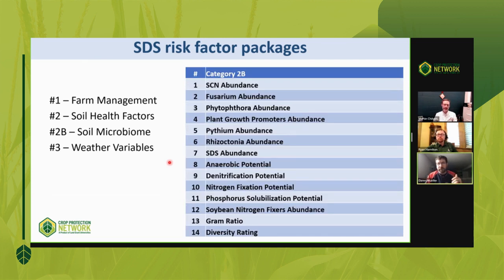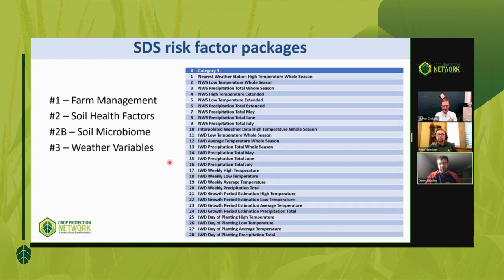If you're not familiar with Pattern Ag, it's a company that looks at DNA profiles and quantifies those. We sent the soils to them, and they sent us back the data from these locations. And the last one is the weather variables, mostly focused on temperature and precipitation at different times during the year.